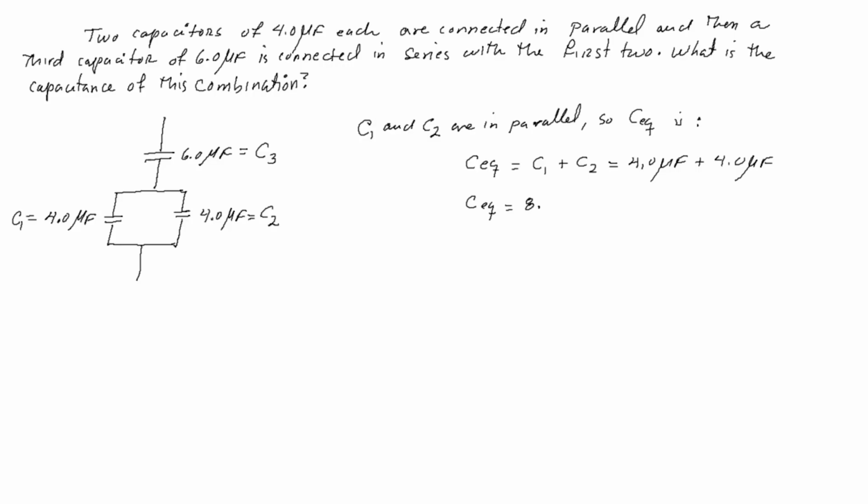That means that now you can reduce this to two capacitors, one of 6.0 microfarads, that is the capacitor 3, and another one of 8.0 microfarads, that is the capacitor equivalent of the parallel connection. I will put a P of parallel to identify that this is the parallel connection.